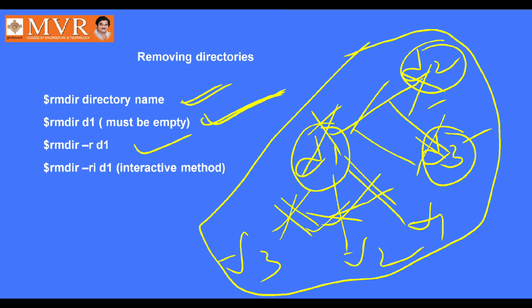Without the minus r option you cannot delete d1, but with the minus r option d1 can be deleted even though it has some directories and files. It will delete all the information about d1 recursively, meaning it will first delete the directories, then the files, then d1. Okay.